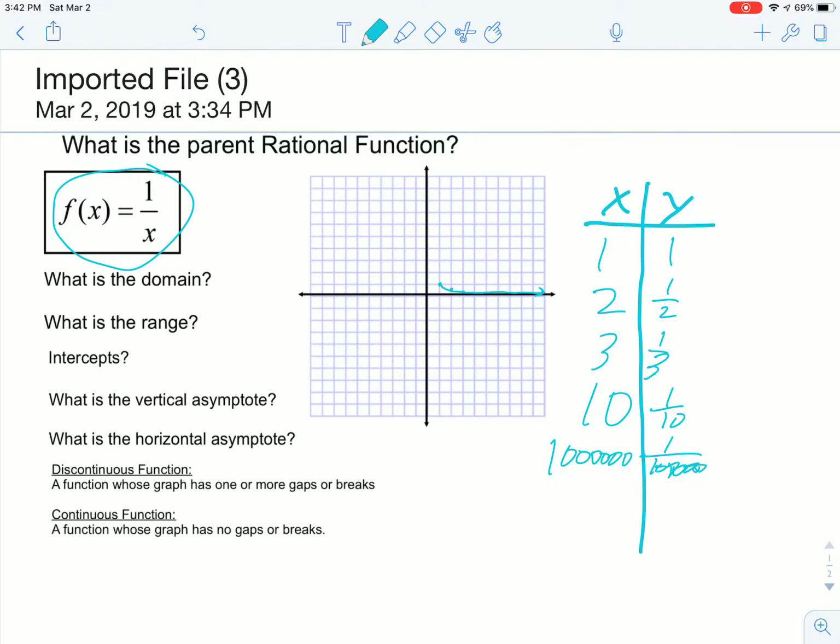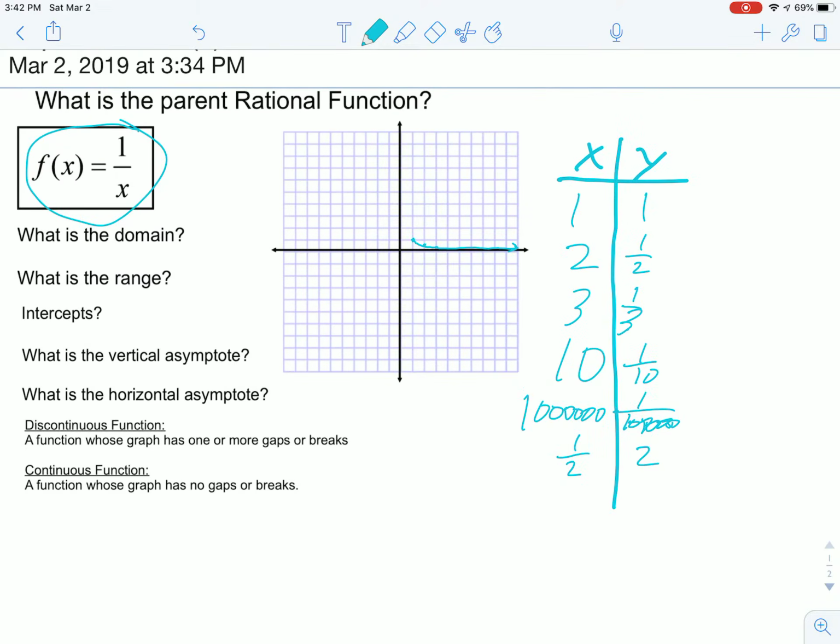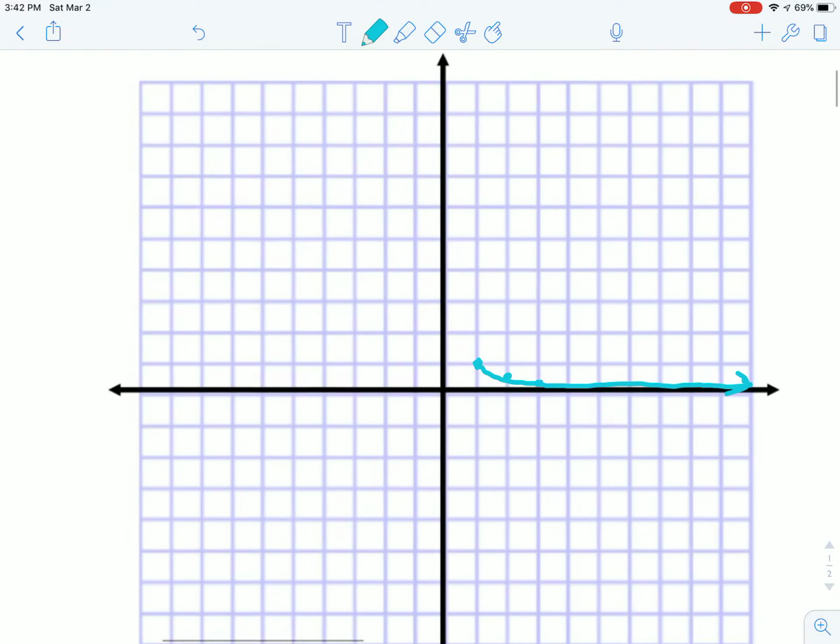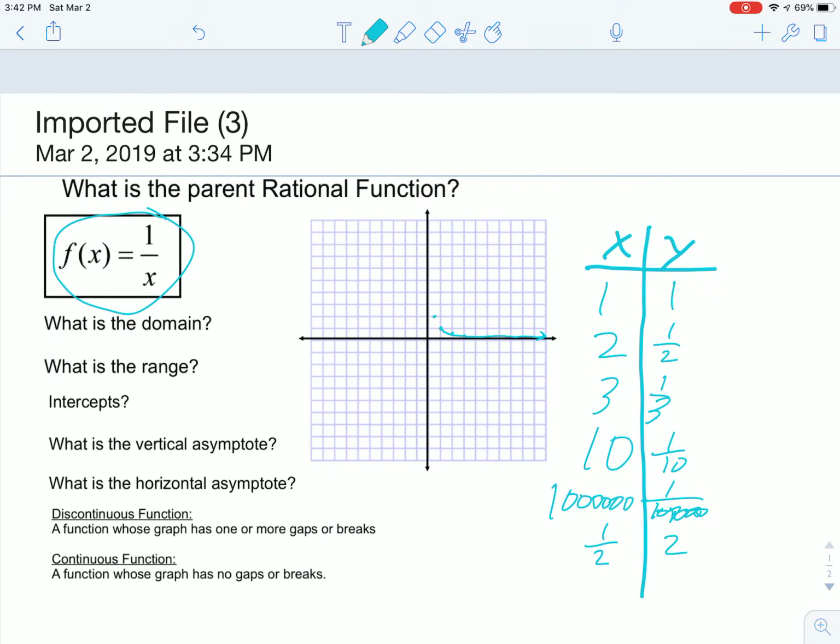Well, let's say x is 0.5 or 1/2. Well, 1 divided by a half goes into 1 twice. And so when x is a half, I'm actually up here at 2.